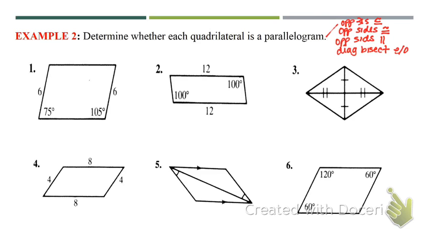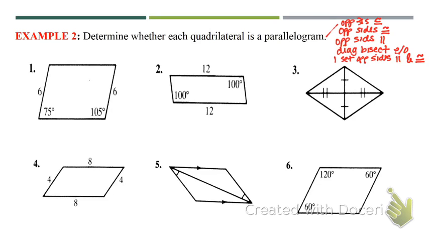And then the last one we had was one set of opposite sides parallel and congruent. So are any of these 5 theorems happening in these pictures?